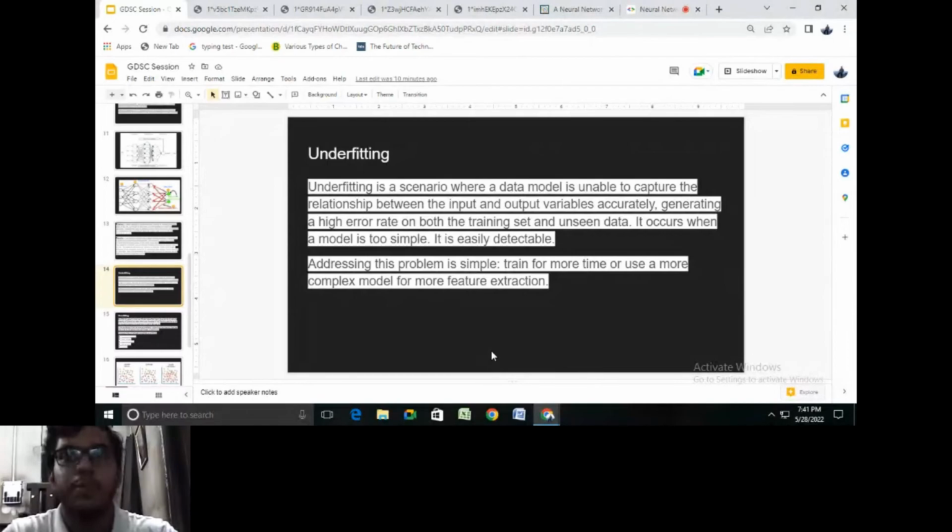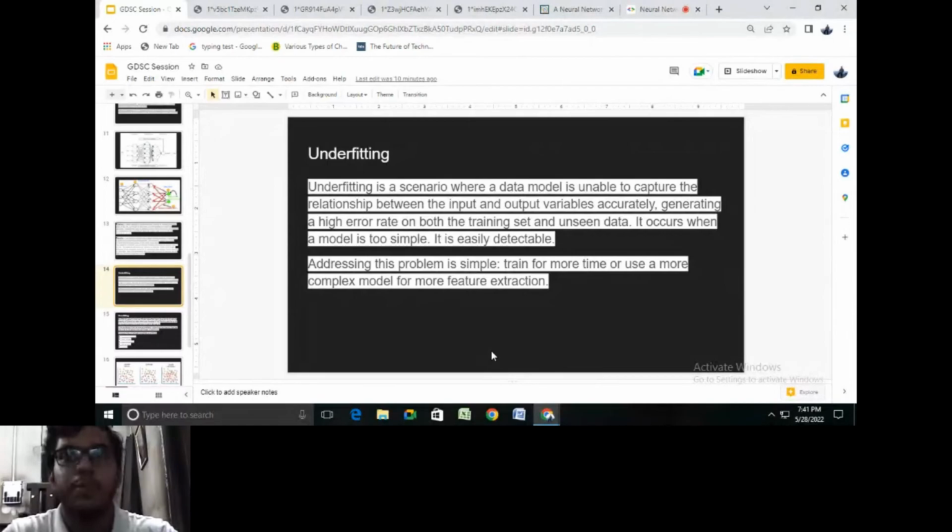This is an illustration of what an optimum function should be, what overfitting looks like, and what underfitting looks like. In the left, we can see that this function is underfitting. Why? Because it has a high error rate on the training set as well as the testing set.